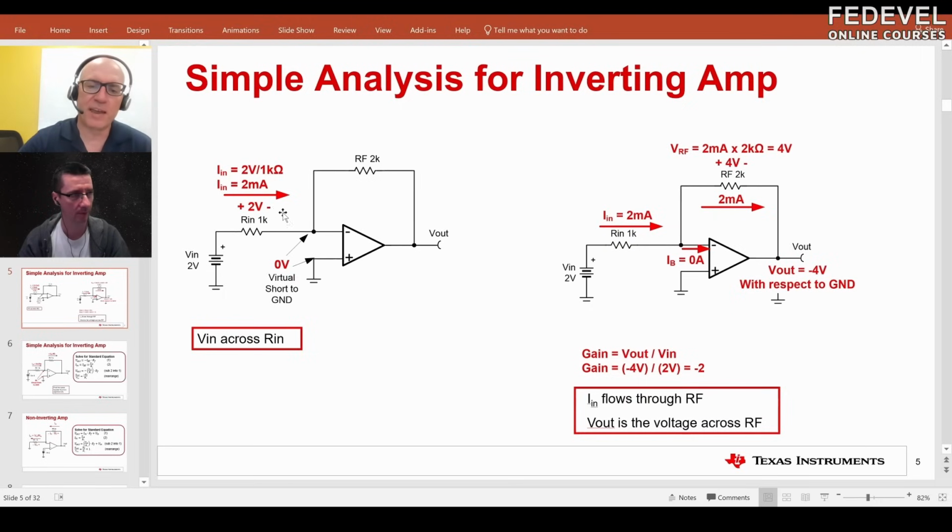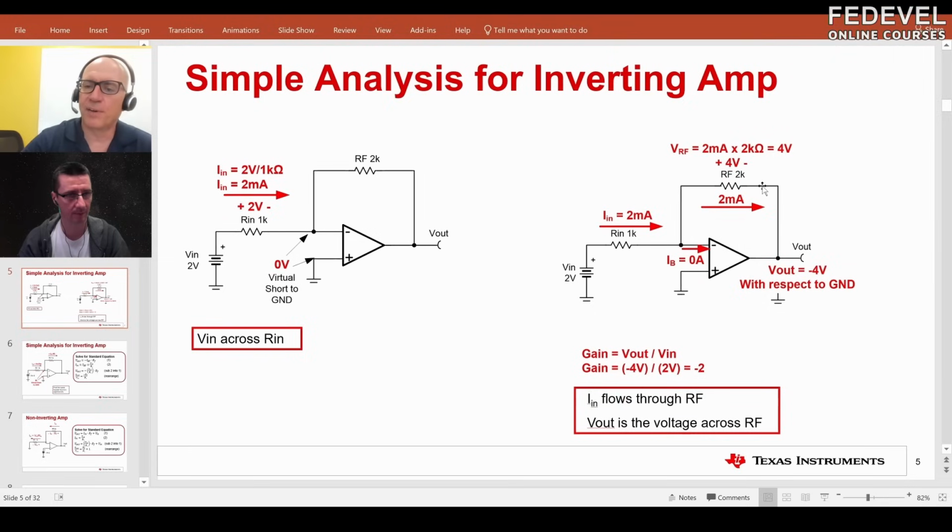That 2 milliamps flows through Rin, but it's also going to flow through Rf, because there's no current IB flowing into the amplifier. So the current only has one path to flow: through Rf and through Rin. Then you can measure the output pin with respect to ground, and of course the inverting input is connected to ground by the virtual short.